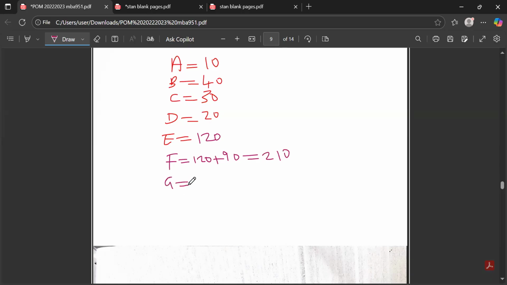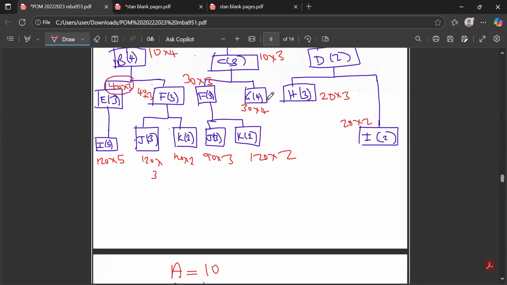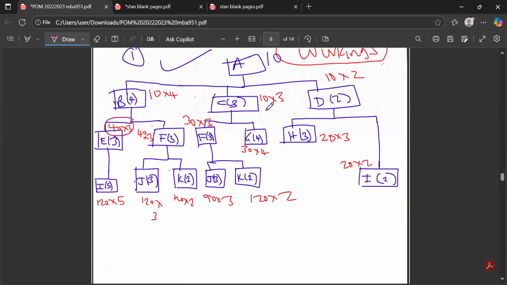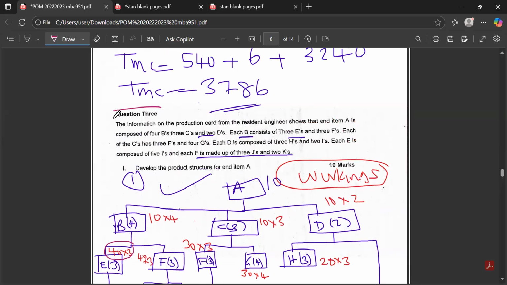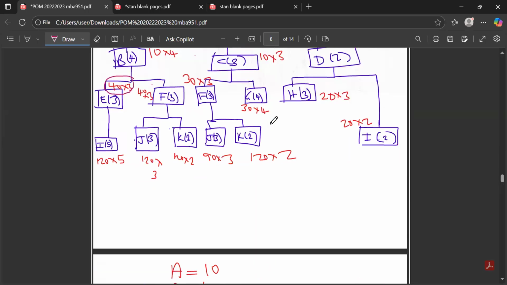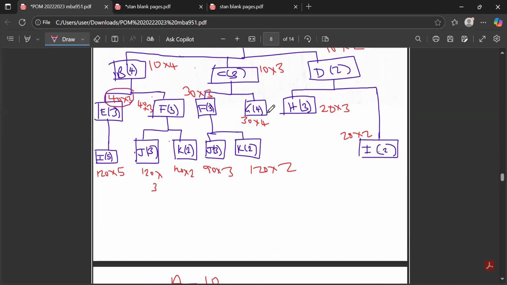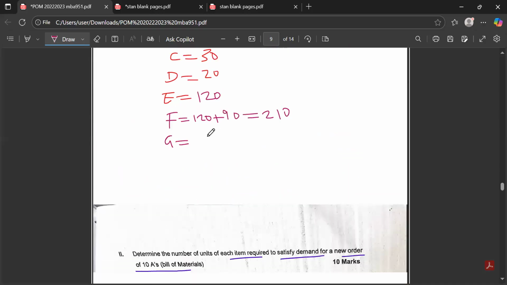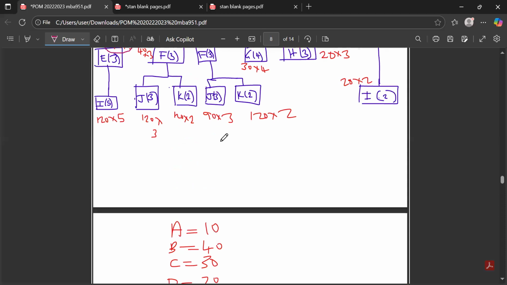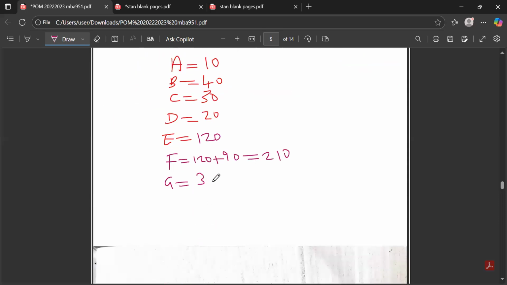Our G is just 30 by 4, because these values are coming from the information given in the question. So G will only be 30 by 4, which is 120, as can be seen from the diagram.